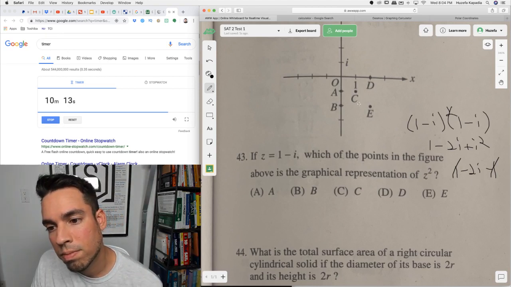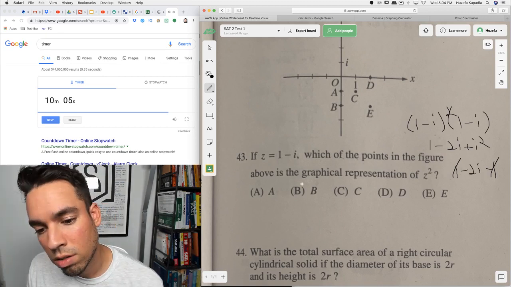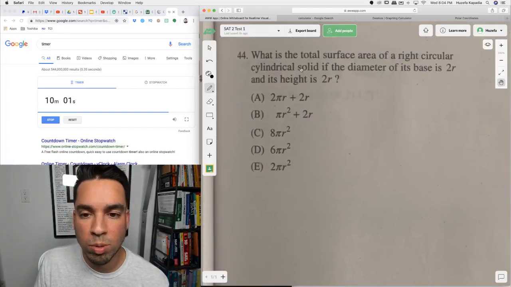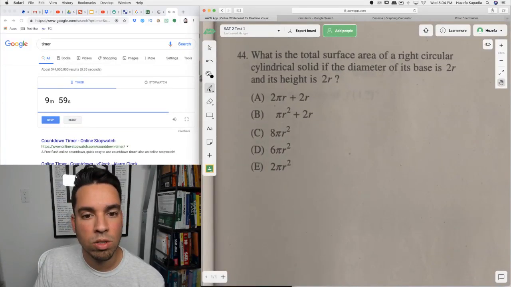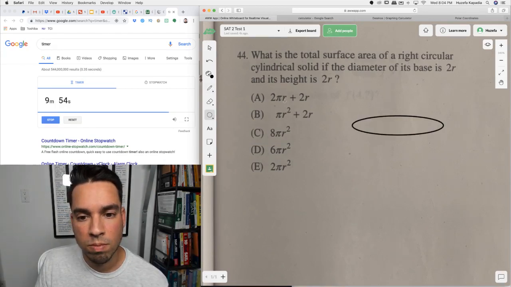So it's negative 2i. There's no real number part, so it's B, negative 2i. What is the total surface area of a right circular cylinder?